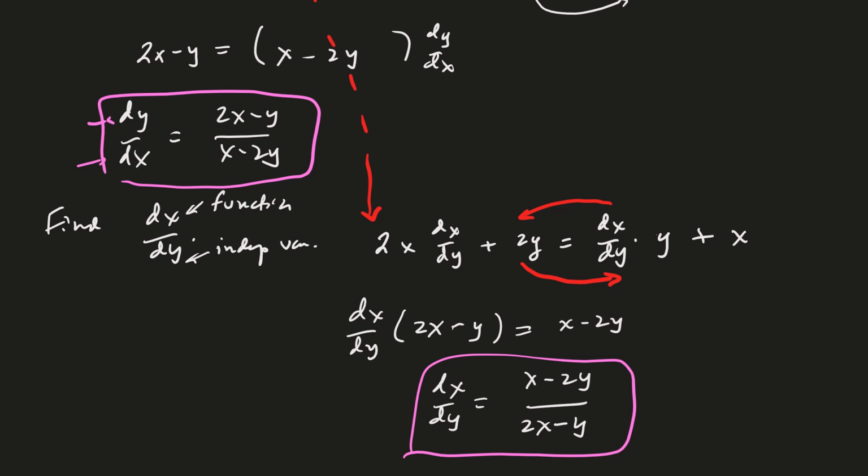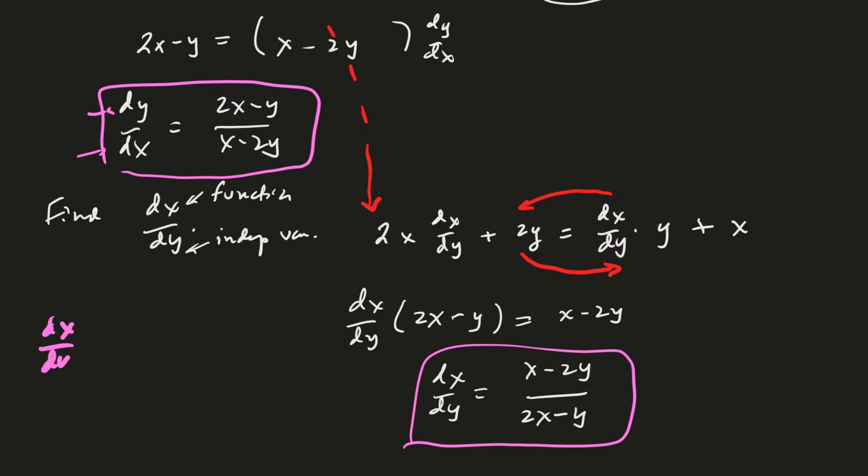In other words, dx over dy is equal to 1 over dy over dx. So we could have found dx over dy just by inverting or taking the reciprocal of dy over dx. Good. We're going to actually see why that's true in another aspect. It'll be a little bit different argument, but the same thing works.